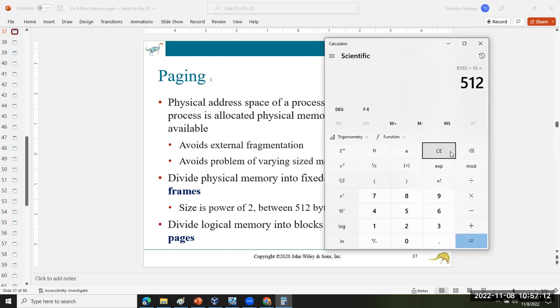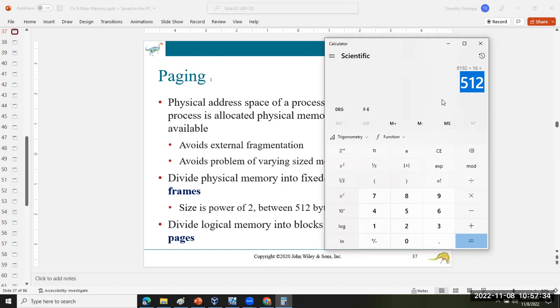Why am I doing this? If I take a laptop or a PC with 8 gigabytes of RAM, and I'm working paging using the largest frame size possible, I can have up to 512 very large frames.